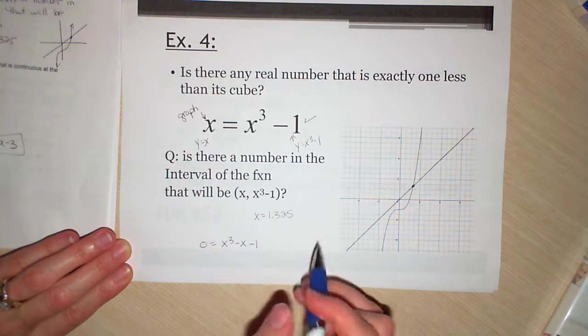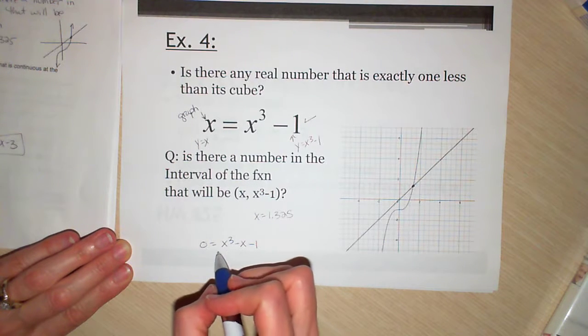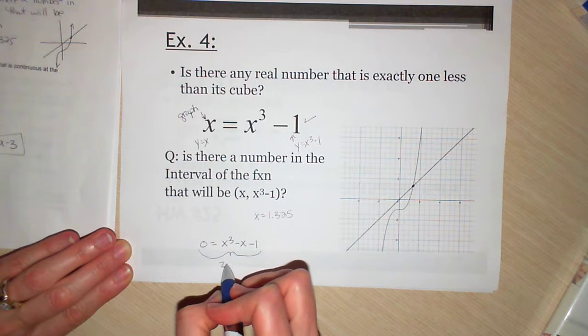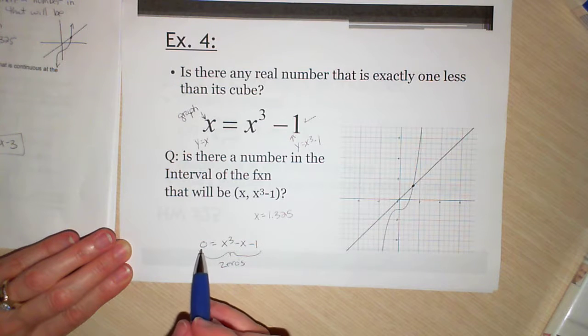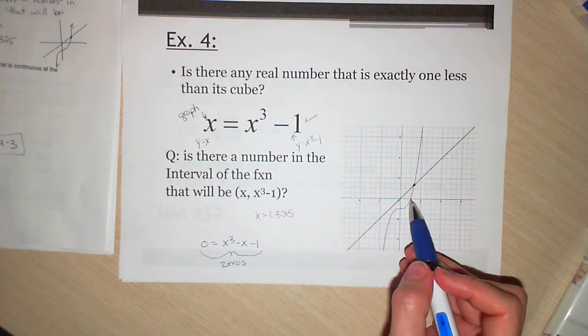And while I'm looking at this, I think you could also graph this. So I just took this function and subtracted x from both sides, and look at the zeros, or the solutions. If I set it equal to 0, I'd be looking at where it crosses the x-axis.